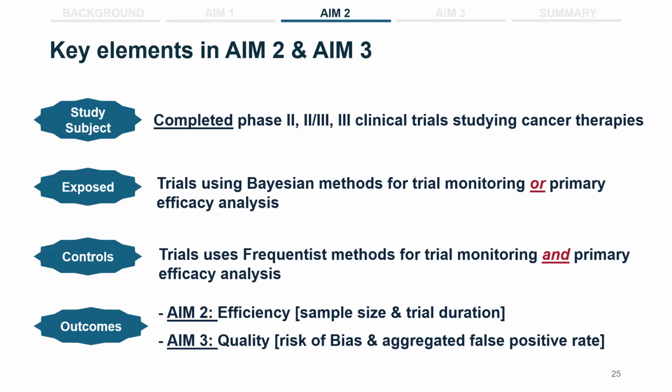And the control group will be defined as trials using frequentist methods for trial monitoring and primary efficacy analysis. And the outcome includes trial efficiency measured by sample size and trial duration, and also trial quality measured by risk of bias and aggregated false positive rate.